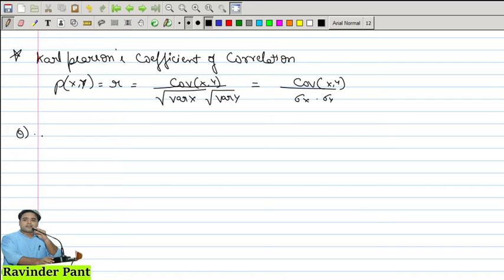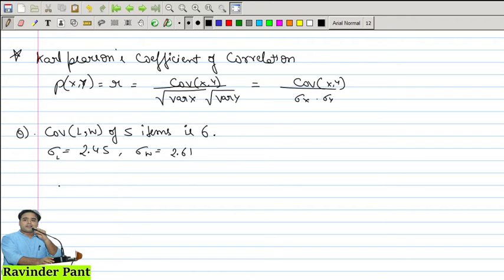Easy question first. Question number 1. The covariance between length and width of 5 items is 6. So covariance is given for length and width, and standard deviation is also given. Standard deviation is 2.45 for length, and standard deviation for width is 2.61 respectively.